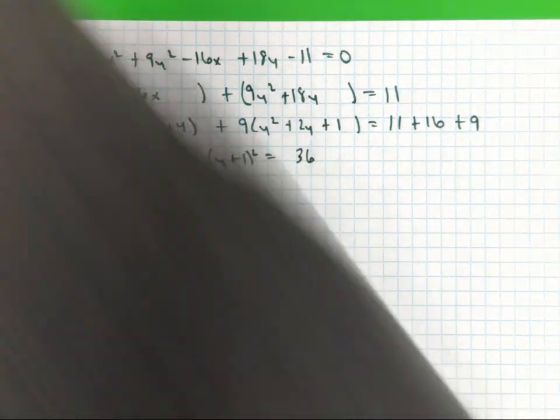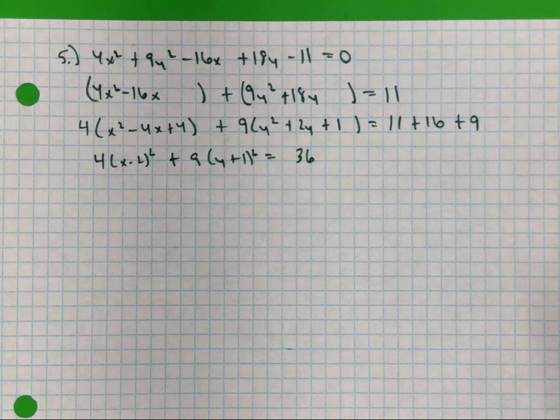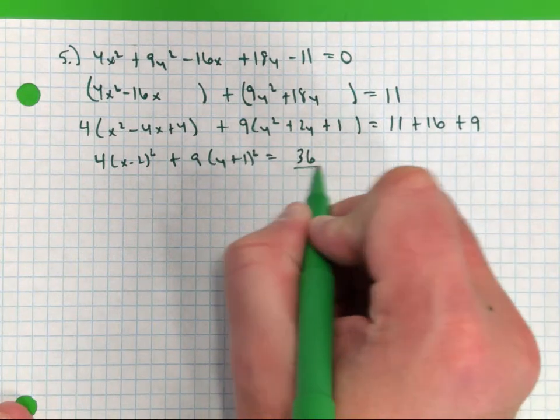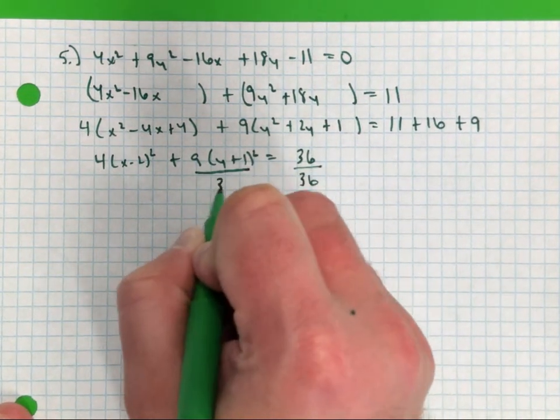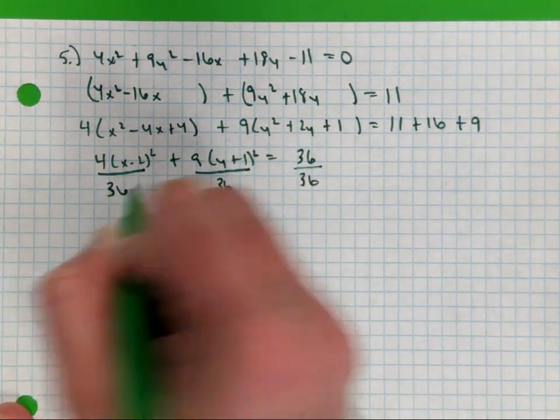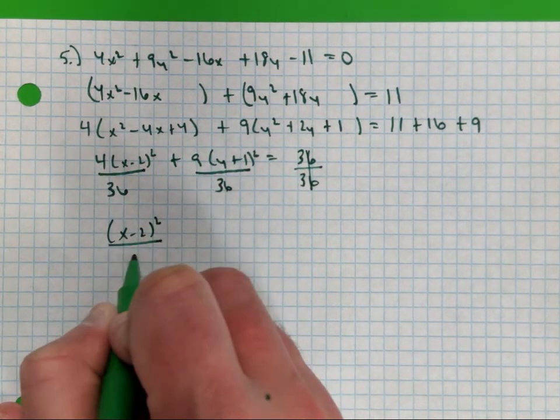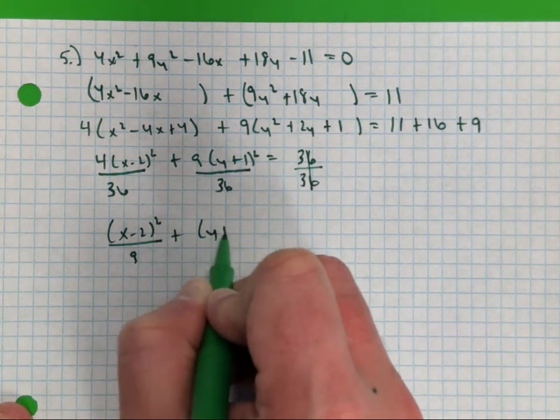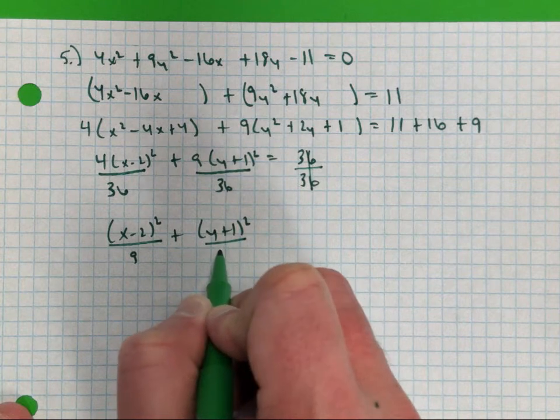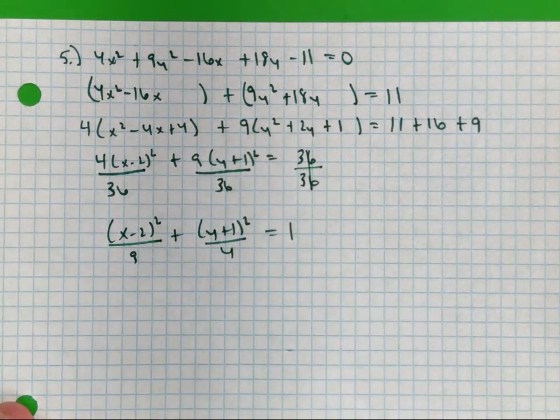Alright, now we're at a point I can get it set equal to 1, can't I? I'm going to divide everything by what? 36. Reduce that to (x minus 2) squared over 9 plus (y plus 1) squared over 4 equals 1, and that's my equation.